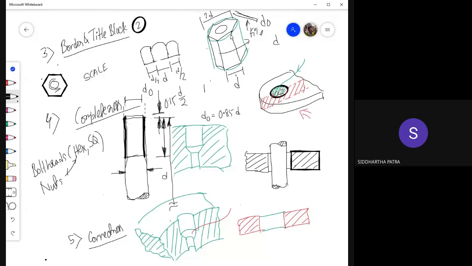After the chamfer has been done, this corner would be slightly lower, right? Same goes for over here. But the chamfering is only done at the maximum diameter, that is D. So only the corners would be lowered.